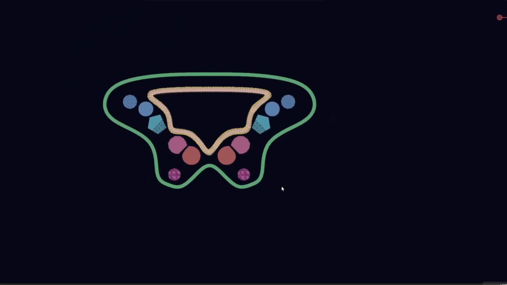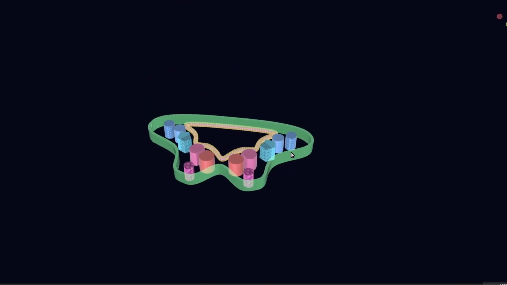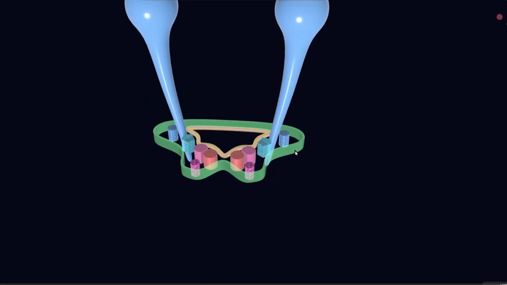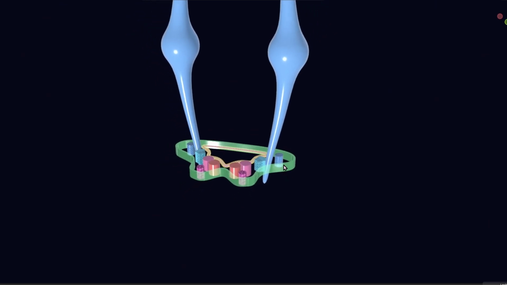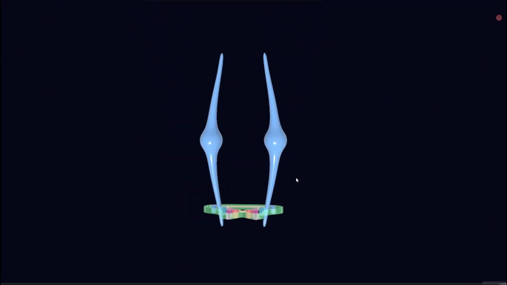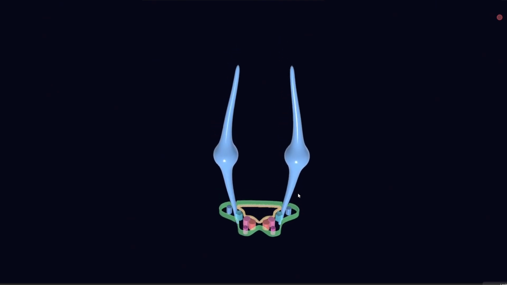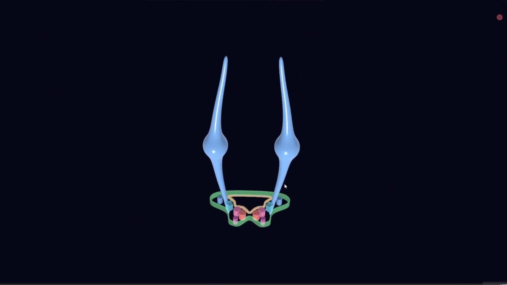Now if I change the perspective a bit, we actually have this huge, long nucleus here. Whoa, it looks like this nucleus is pointing its middle fingers towards me. So what is this nucleus? This nucleus is actually in the pons.